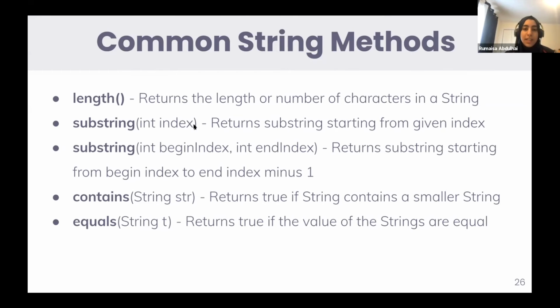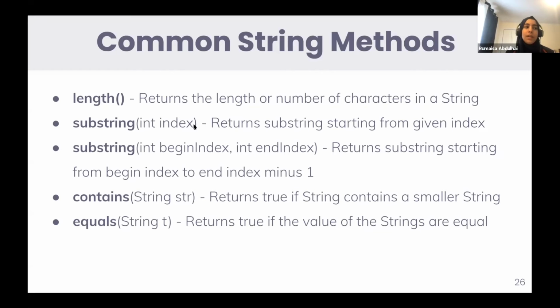Then we have the contains method. So what if we want to see if a string is inside a bigger string, right? So if I say I like chocolate, and we want to see if chocolate is inside the string, then we can use the contains method. It returns true if the bigger string contains a smaller string. And then finally, we have the equals method, which returns true if the 2 strings are equal.